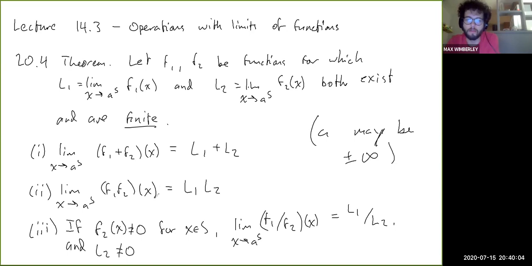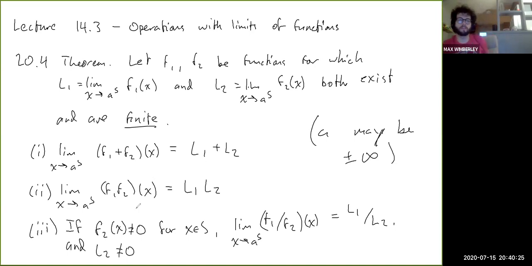There are some cases where you can say definitely, for example, if L1 is finite and L2 is infinity, then the sum should definitely be infinity. Or if L1 is non-zero and positive and L2 is infinity, then the product should be infinity, or something like that.